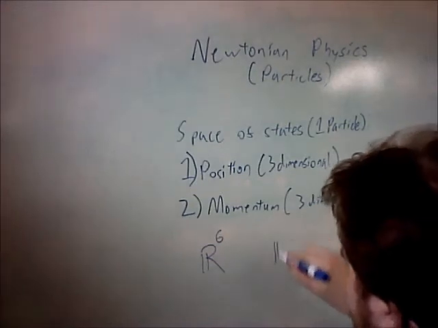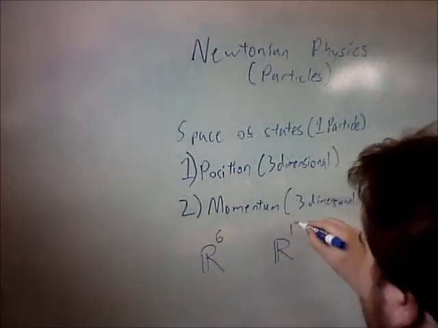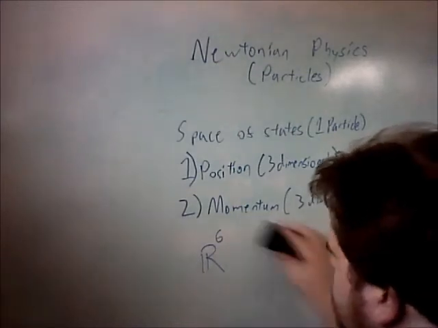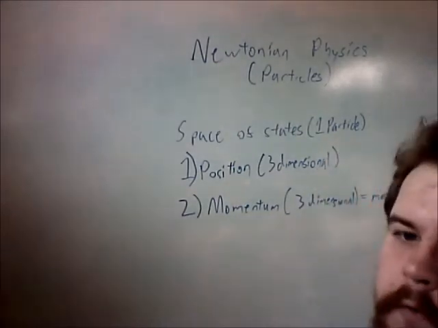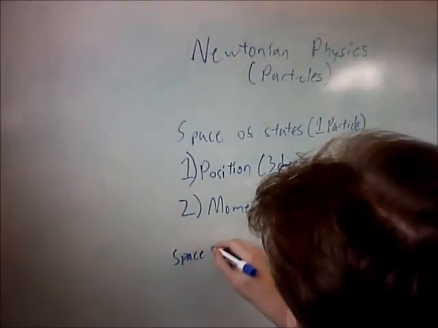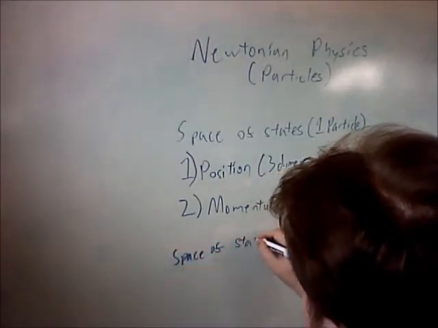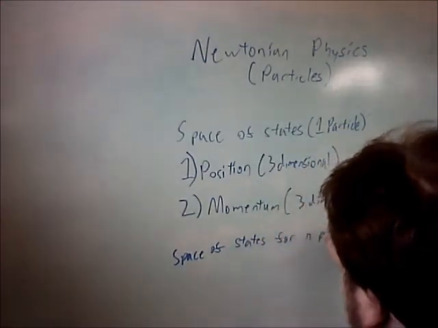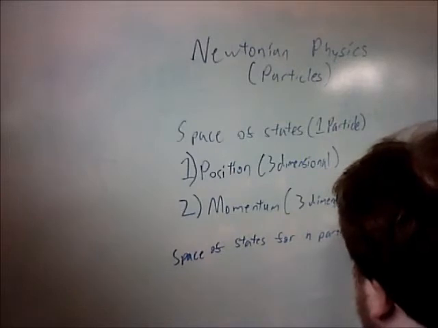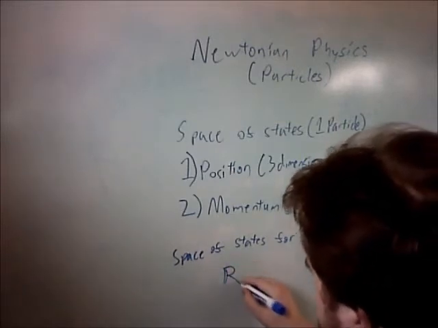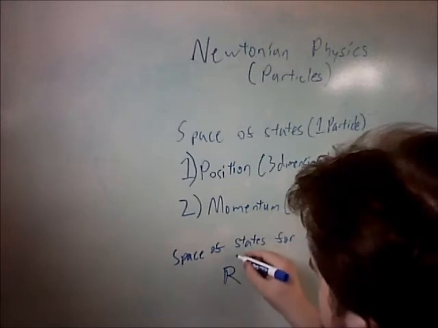That gives us a 12-dimensional space. And so, in general, the space of states for n particles is R to the 6n.